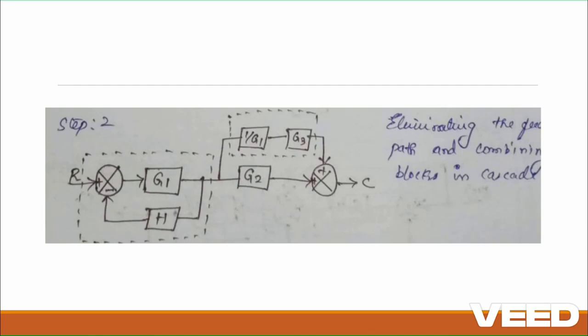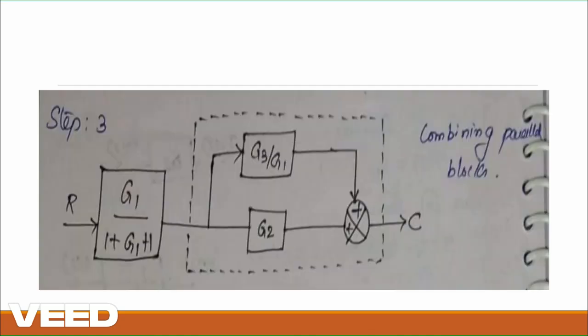That is, we eliminate the feedback part and combine the blocks in cascade. So the system looks like this: G1 by 1 plus G1H, due to the negative feedback present in the previous slide. And next, G3 by G1 and G2 are in addition, so G2 plus G3 by G1.